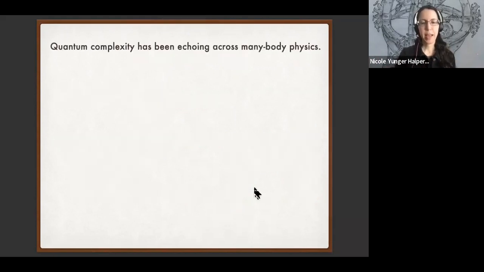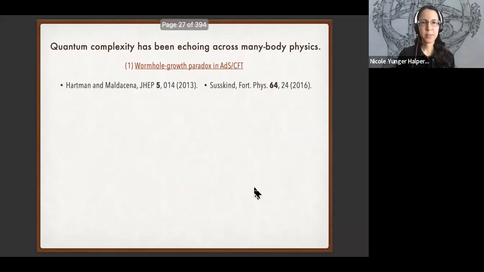Quantum complexity has emerged recently as a very useful concept that's been unifying a number of spheres of quantum many-body physics. Most importantly to this community, high energy theory. You would know this story better than I do, probably most of you. The use of quantum complexity in high energy theory involves, to a large extent, the wormhole growth paradox in AdS/CFT.